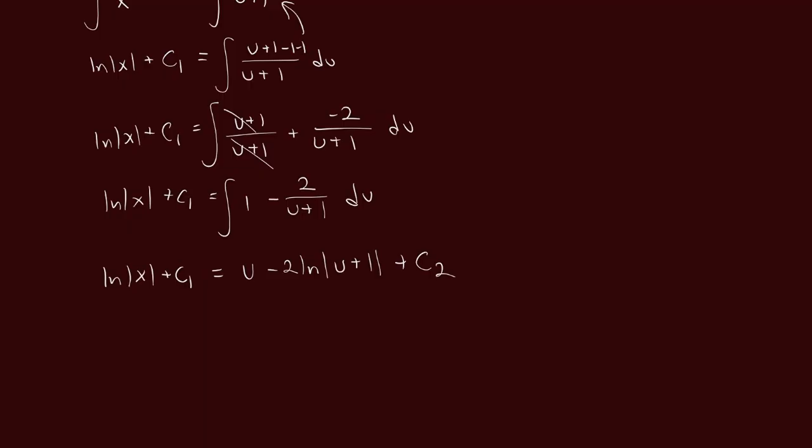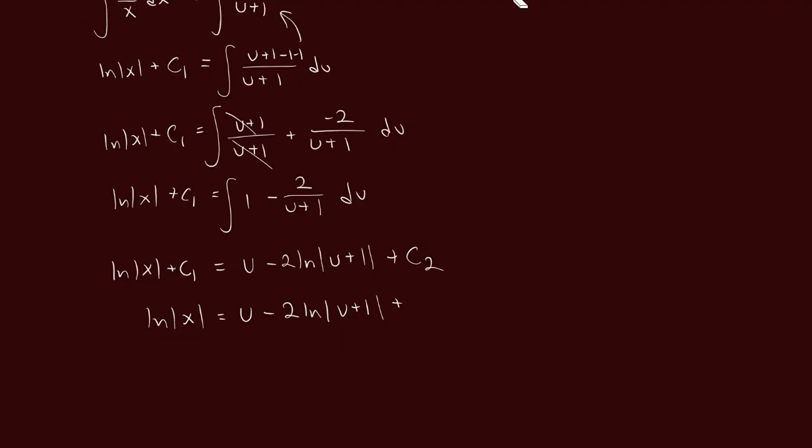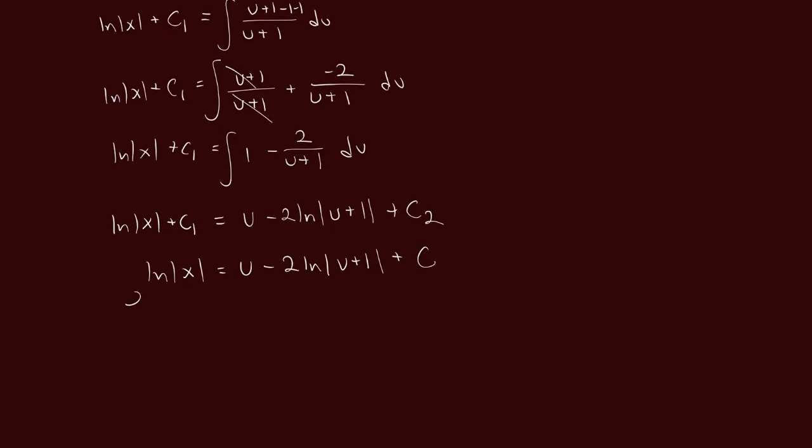Alright. Now, let's see what we should do now. Let's bring all the c's to one side. So I'm going to combine these two and just call it c. Now, the next thing I'm going to do is have everything to the power of e.